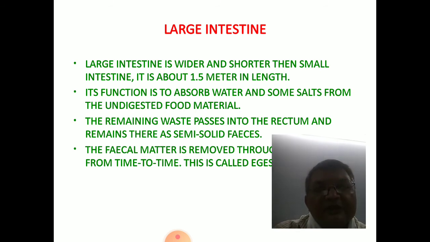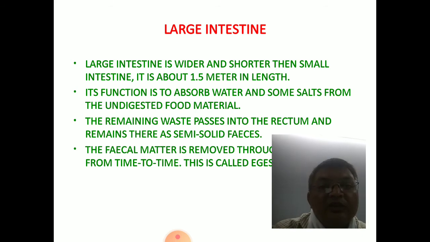It means if the undigested food contains some salt and water, the large intestine separates it and sends it back into the body, and the remaining waste passes into the rectum and remains there as semi-solid feces.